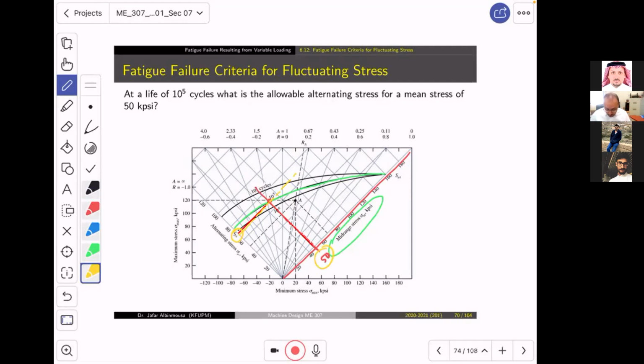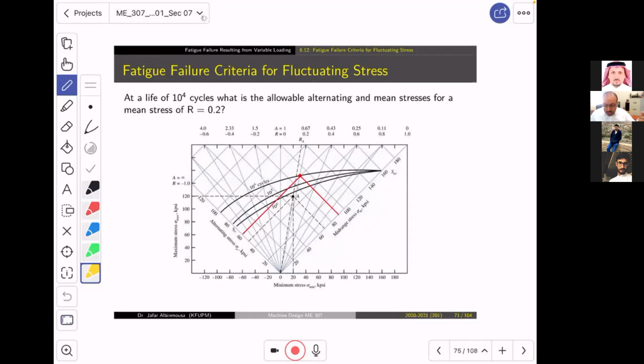Very simple question. Another one: at a life of 10 to the power 4, what are the allowable alternating and mean stress? I need both, if the R ratio is 0.2. So I draw a line from the 0 here. Sorry, the line should go like this. This line corresponds to an R ratio of 0.2.